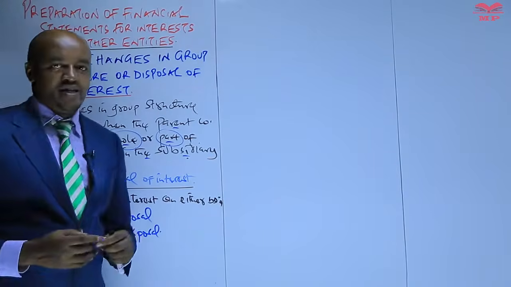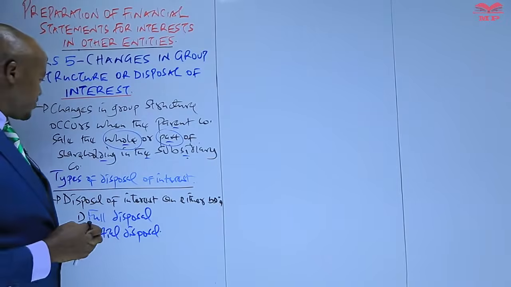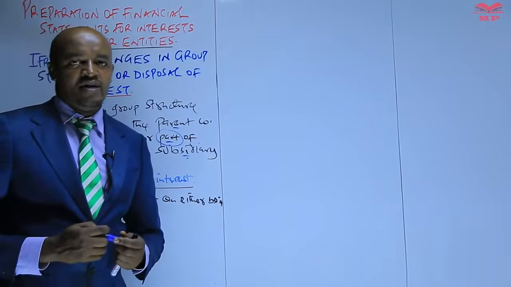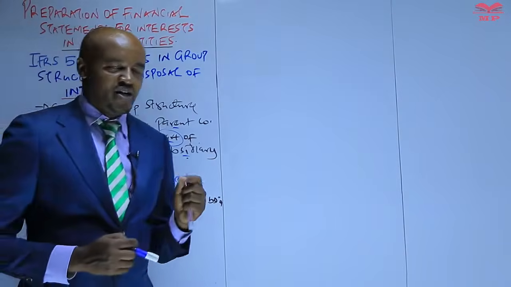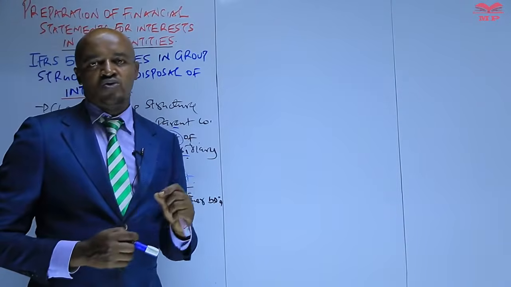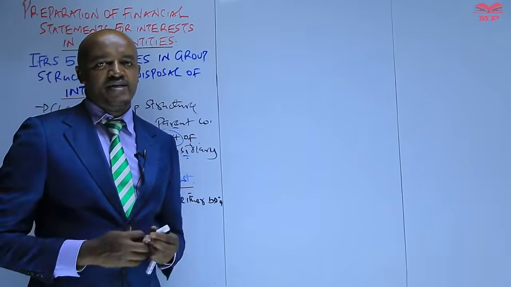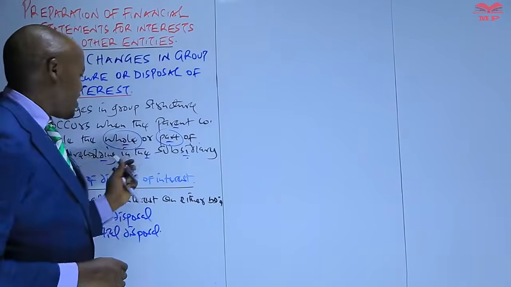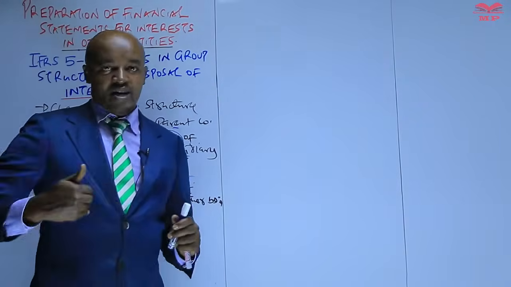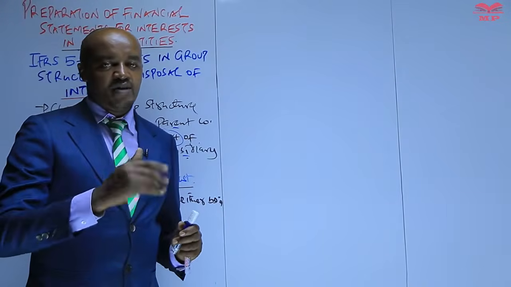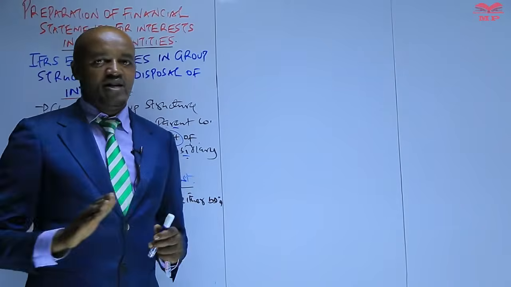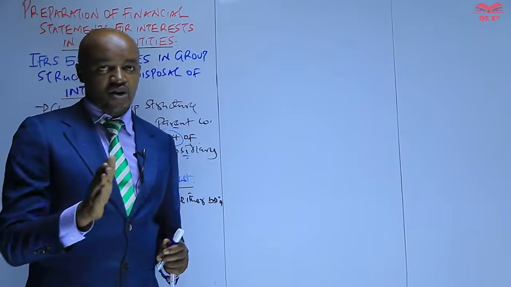But in accordance with International Financial Reporting Standard number 3, a disposal of interest basically occurs when the parent company loses control. So that means once the parent company sells some of the shares which are held in a subsidiary company, and the parent company now loses control, the shares held by the parent company in the subsidiary fall below 51%.